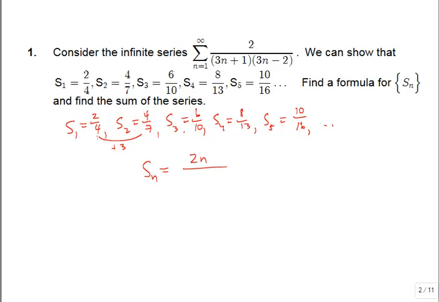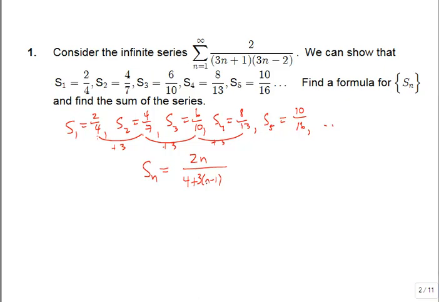To get to the third partial sum, we actually have to add 2 3s to our 4. To get to the fourth partial sum, we have to add 3 3s to our 4. So if we start with 4 and we add n minus 1 3s, that's going to get us to that next denominator that we're looking for.